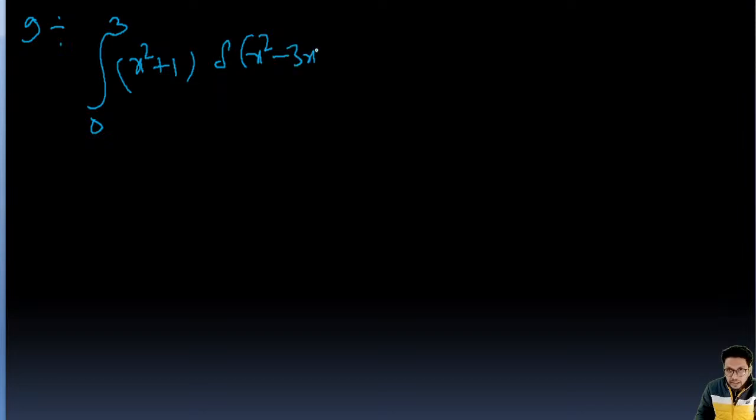Question number 9, this one we are going to use: integration 0 to 3 of x square plus 1, delta x square minus 3x plus 2, dx. So we need to solve it.